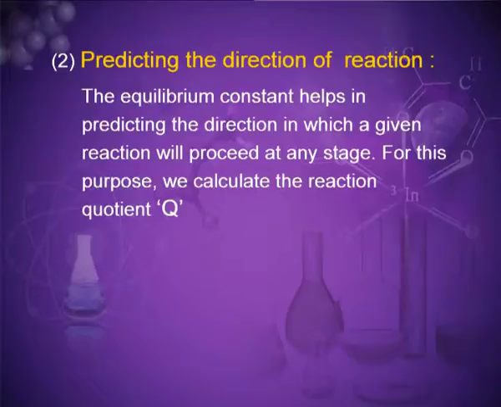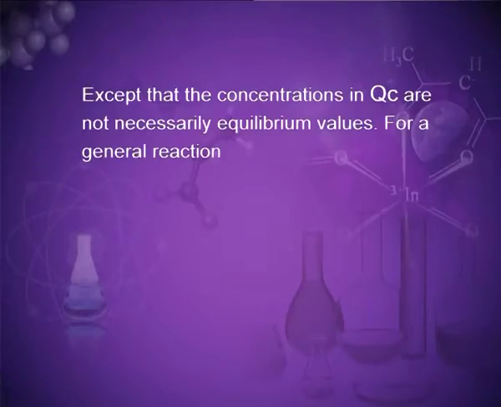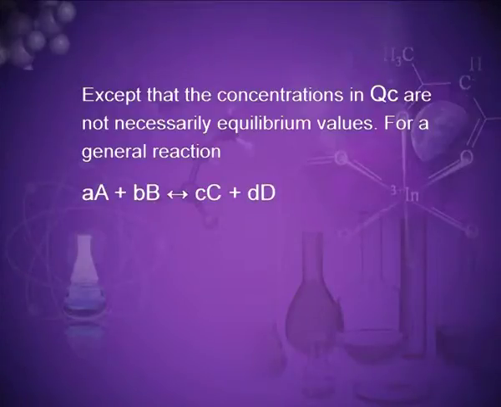For this purpose, we calculate the reaction quotient, Q. The reaction quotient Q, Qc with molar concentrations and Qp with partial pressures, is defined in the same way as the equilibrium constant Kc, except that the concentrations in Qc are not necessarily equilibrium values. For a general reaction A plus B gives C plus D, that is a reversible reaction, small a, small b, small c and small d are the numbers of moles as previously.